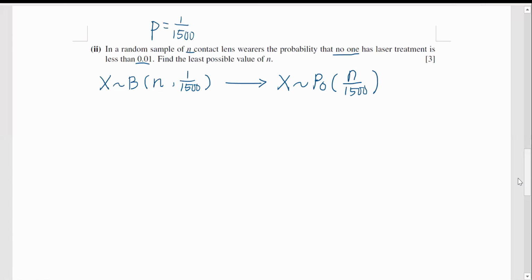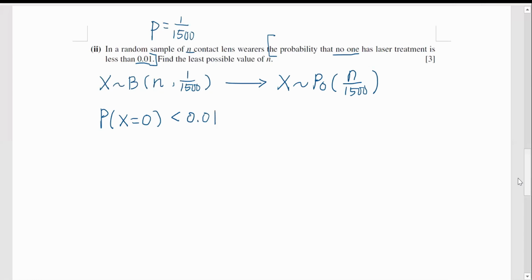When the question gives you the information that the probability that no one has laser treatment is less than 0.01, that is the probability that x equals 0, no one, and this probability is less than 0.01.